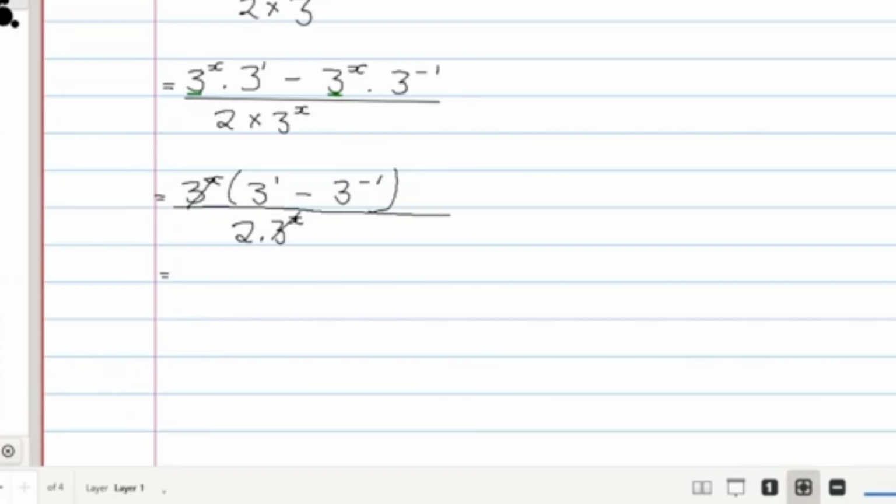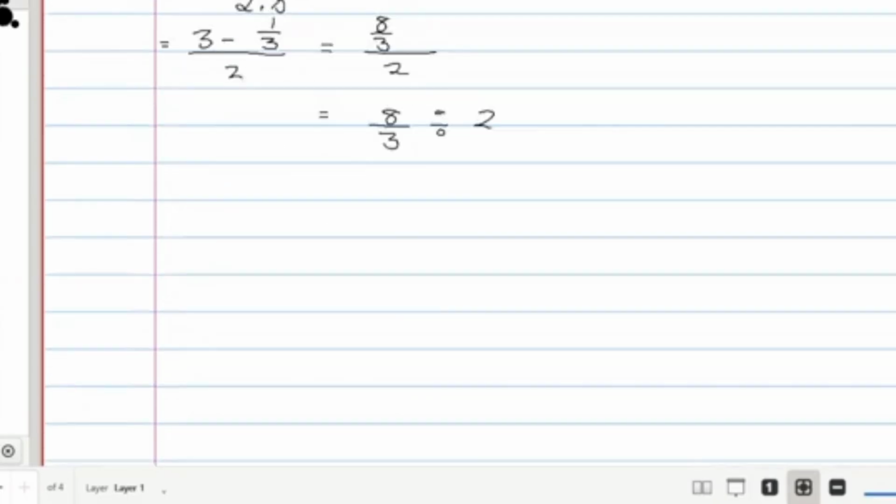So 3 to the power 1 is 3, minus 3 to the power negative 1 is 1 over 3, divided by 2. You can press your calculator. From the numerator, you will get 8 over 3, divided by 2. And then let's rearrange what we have. 2 is over 1.